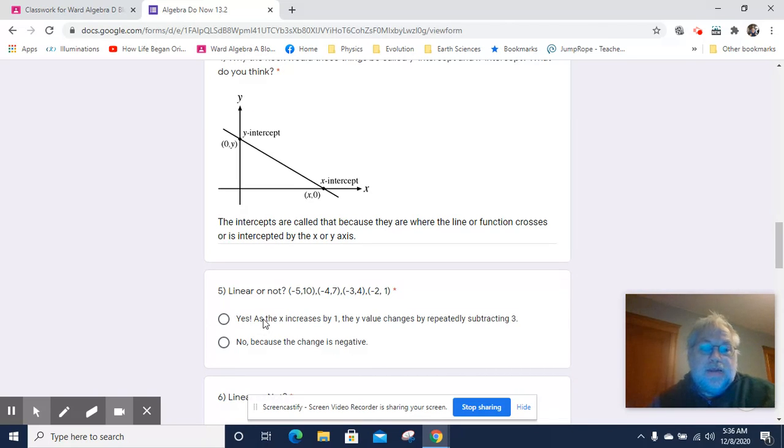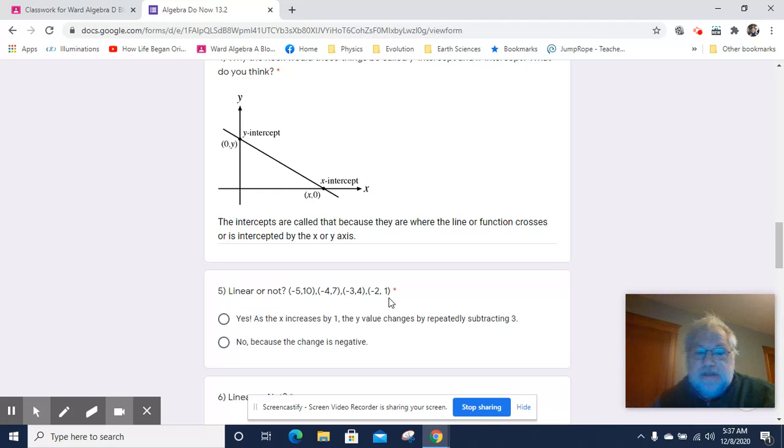Linear or not? Okay, so when I look at this, my first thing is to check the x's. Do they go up by a regular interval? Okay, they do, then it's very simple to check the y's. Because the x's are all going up by 1s, the y change is a simple thing to check. So the y goes from 10 to 7, that's -3. 7 to 4, that's -3 again, and 4 to 1, that's another -3.